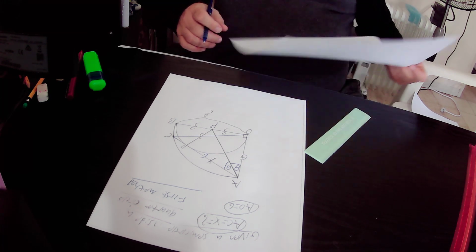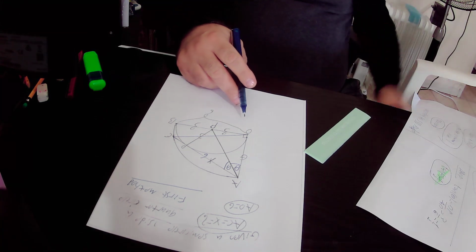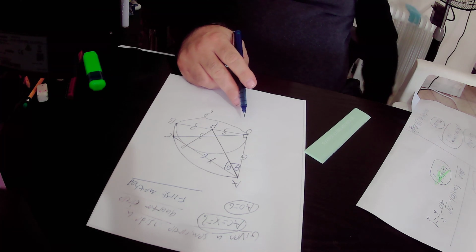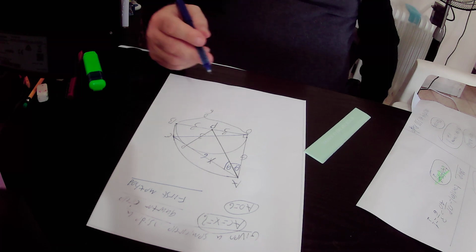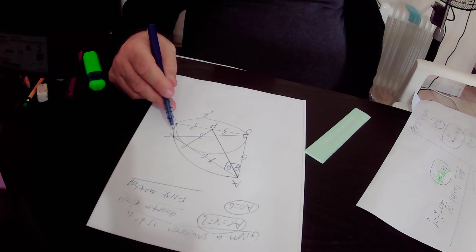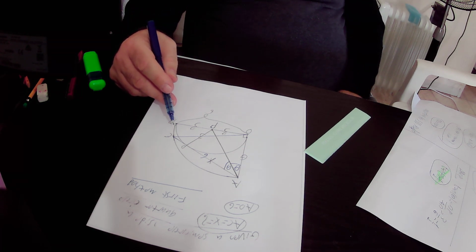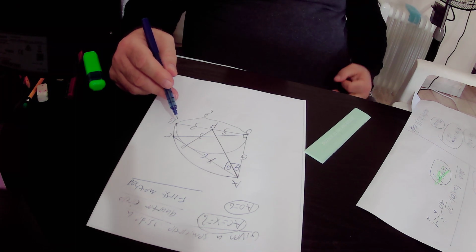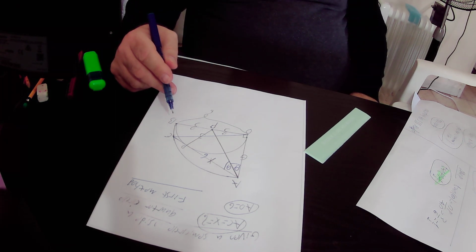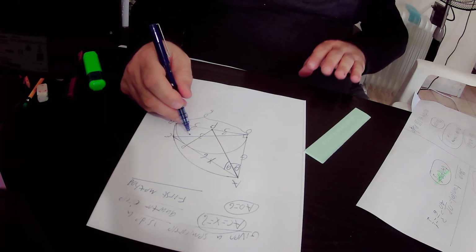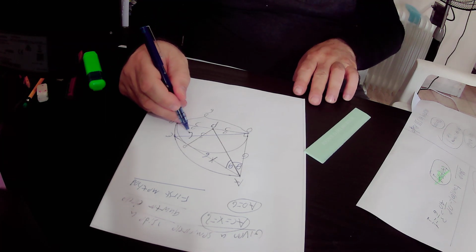OC starts from the center of the quarter circle. I didn't mention before, but O is the center of the quarter circle. C is a point on the quarter circle itself. And this is exactly the definition of a radius. That is to say, OC is the radius of the quarter circle, that is to say it is equal to 6 units. Okay?